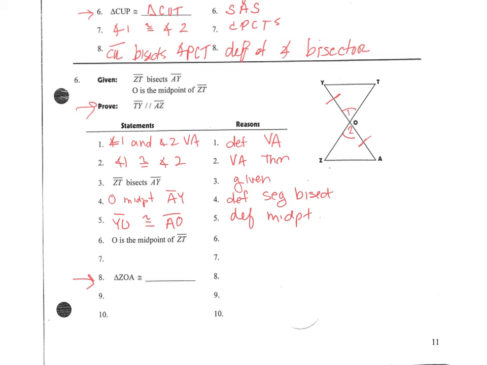And now we're going to go on to our next piece of given information, which was that O is the midpoint of segment ZT, and that is given. And if we're told that it's the midpoint, we're immediately able to say that segment OT is congruent to segment OZ, and that is the definition of a midpoint.